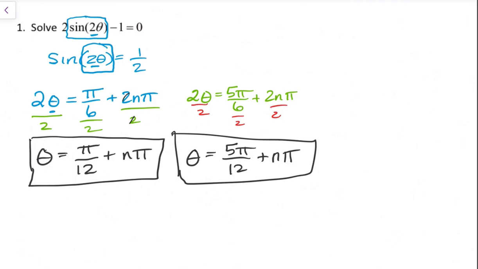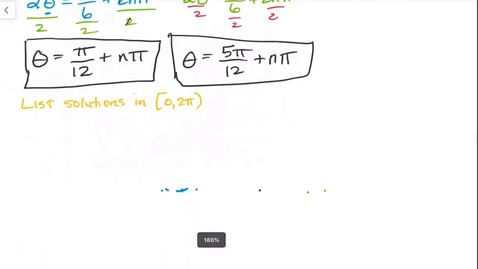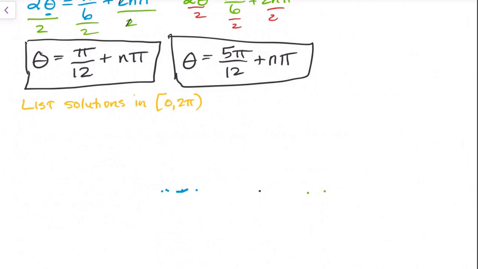Now, if I want to list some specific solutions, for example, I might be asked to list the solutions that only lie in the interval from 0 to 2 pi. So if I do that, what I need to do, as we've done in the past, is identify different values of n.